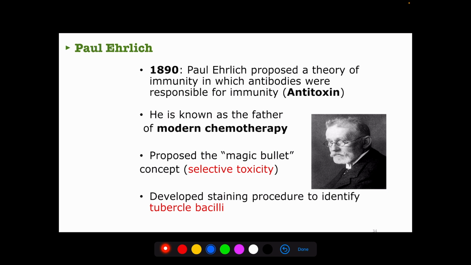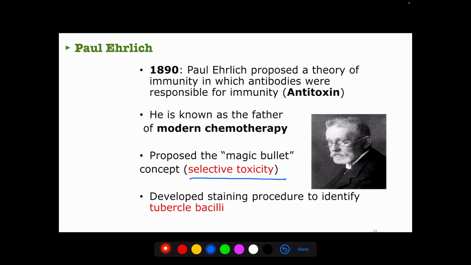So he proposed the magic bullet of selective toxicity, and what he stated was that if a compound could be made that selectively targeted a disease-causing organism, then a toxin for that organism could be delivered along with the agent of selectivity, hence the term selective toxicity.